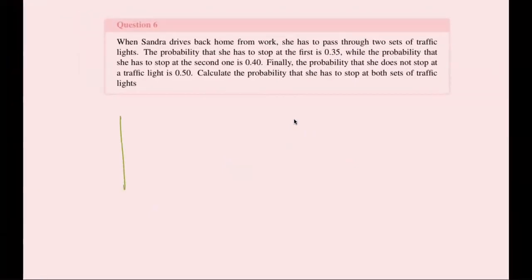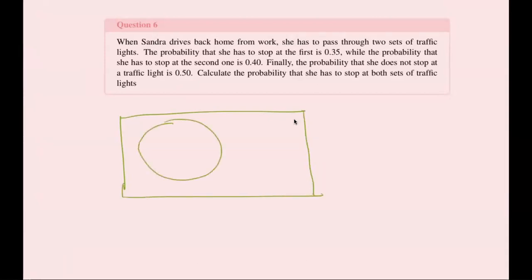So here we have Sandra driving back home and she has to pass through 2 traffic lights. The probability that she has to stop at the first traffic light, the whole circle, is 0.35. And then the probability that she has to stop at the second traffic light is 0.4.